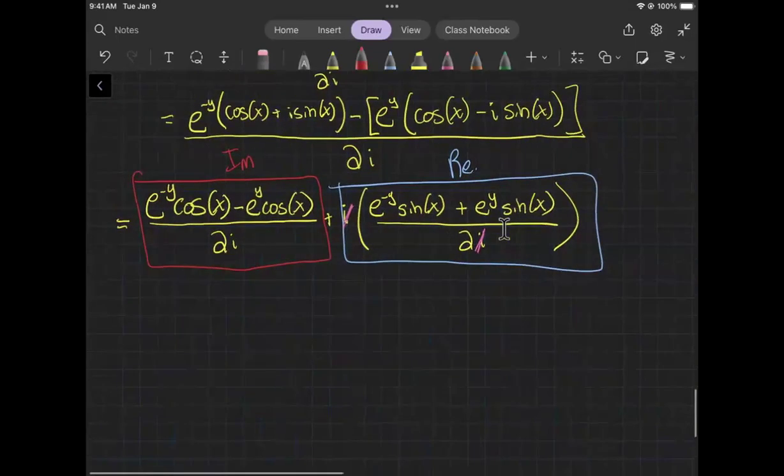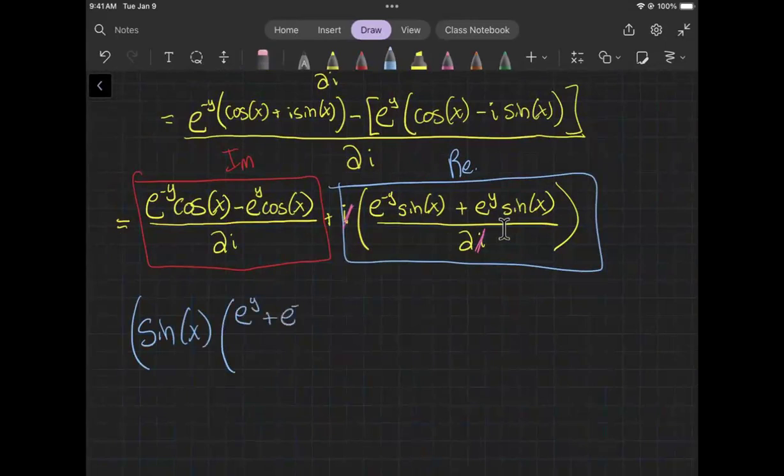Okay. So, actually, let's look at the real part first. If I factor out a sine of x, we will have e to the y plus e to the minus y over 2.